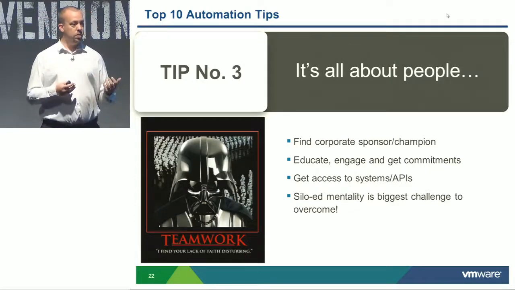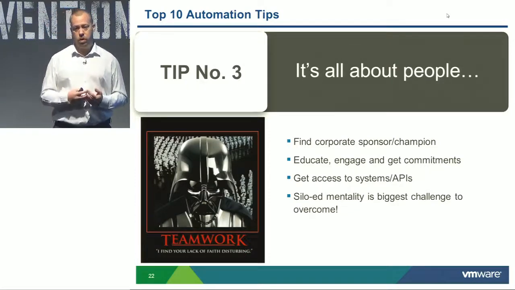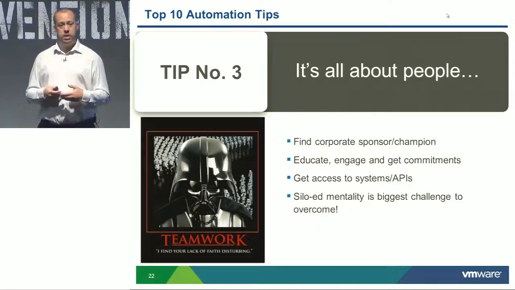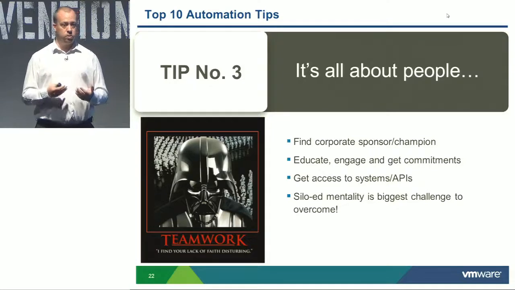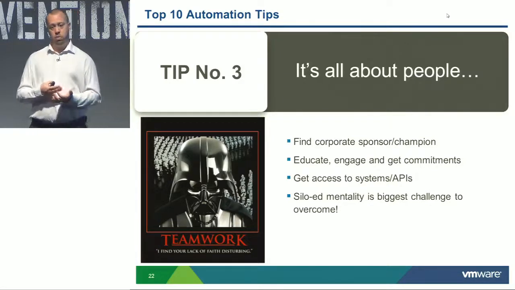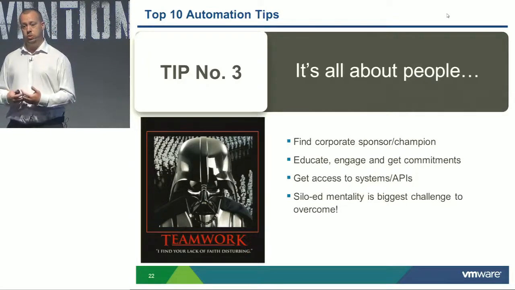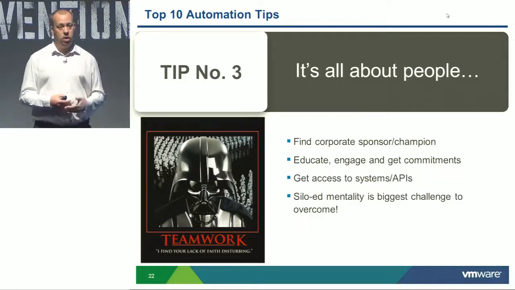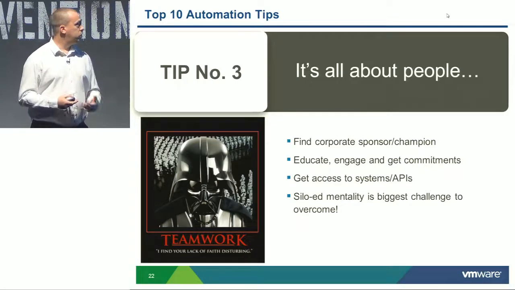They're going to be areas in different departments, maybe procedural areas, where you need the go-ahead from a corporate sponsor. So make sure you've got that backing. Make sure everybody's aware of what you want to do. Get them on board. Tell them how much time it's going to save them. And actually, get them involved.